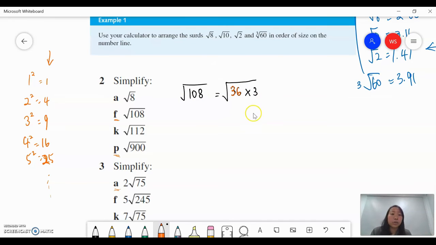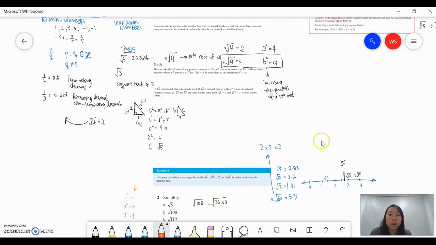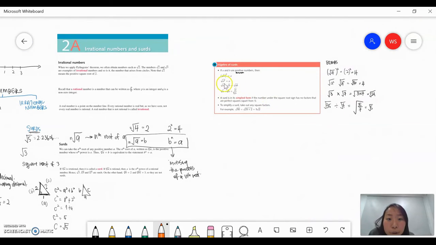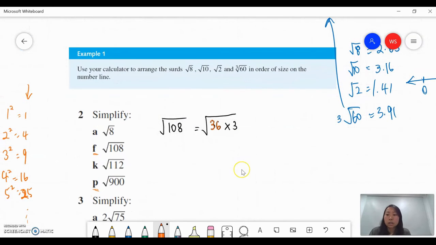Okay, so you know that under the basic rules of square roots, you can detach them, under the same sort of umbrella of that square root, into separate square roots. So on the next step, square root of 36 times square root of 3.